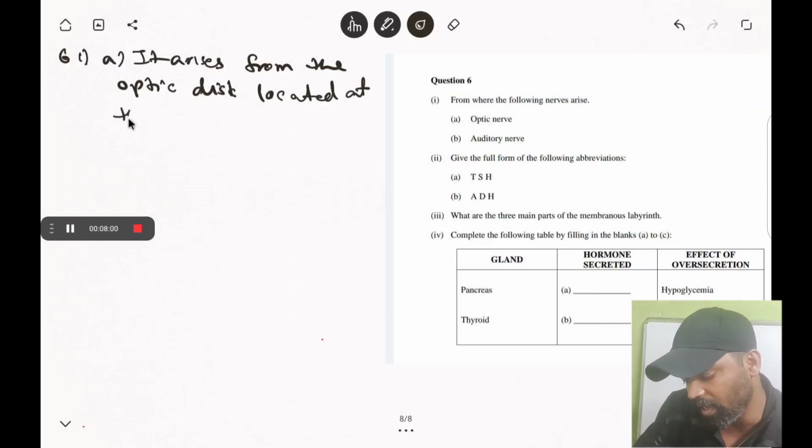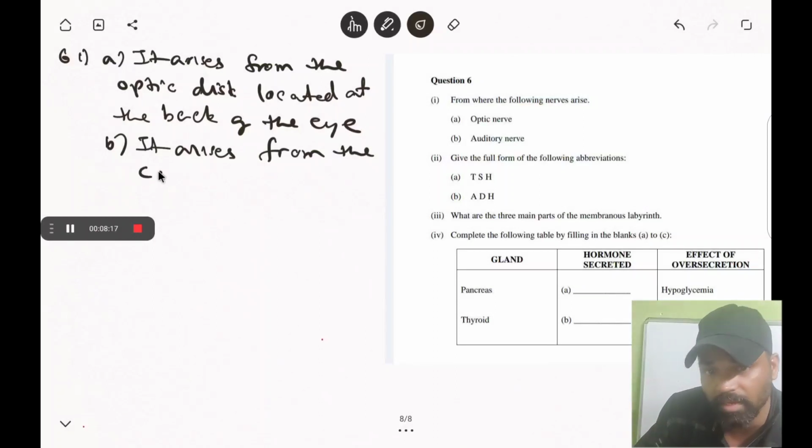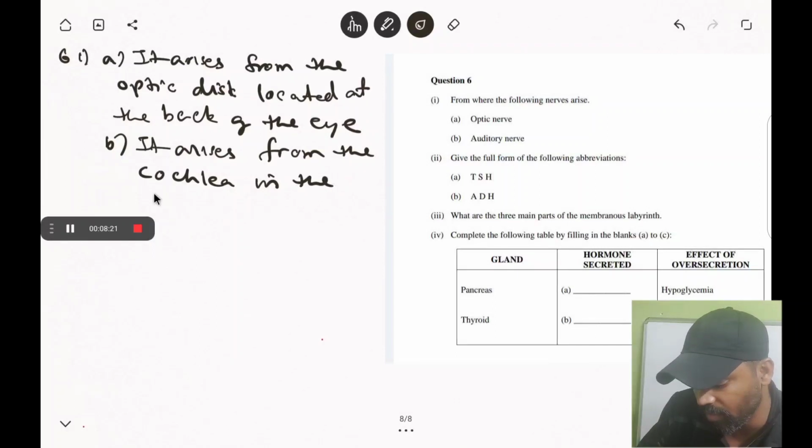Done. Number B. Auditory nerve. It arises from the cochlea, in the inner ear.